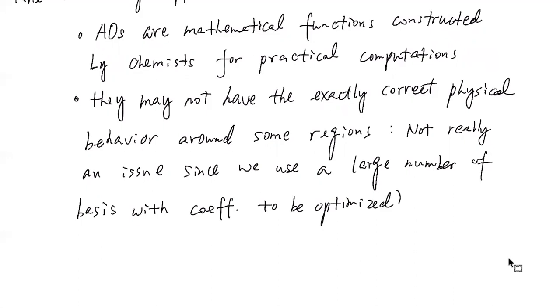Actually, we use a large number of bases. These bases are usually flexible enough so that, by varying the coefficients, you can actually have a very good approximation to the actual exact solution. You will optimize those coefficients anyway.